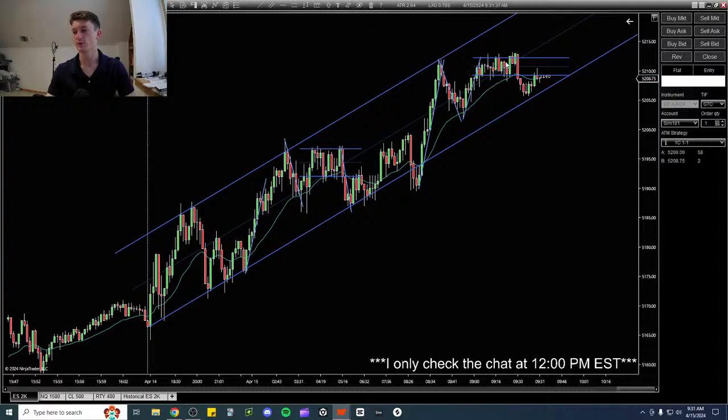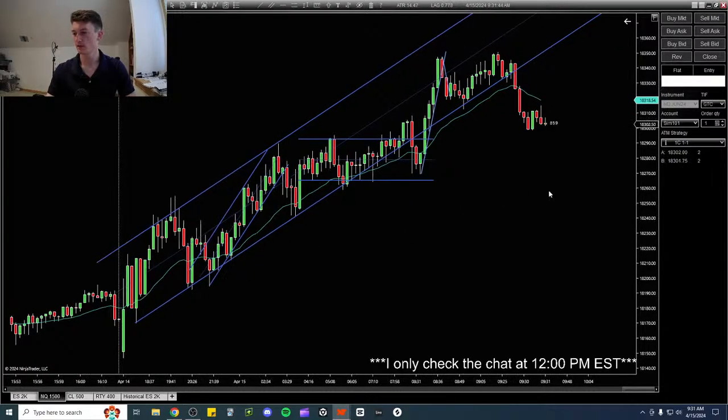Looks to me like a range with a failed breakout at the top, and breakout at the bottom and pullback to test it on the ES. The NQ, I was thinking about possibly taking shorts here, but it looks like the short-term downtrend already has a close outside and new low.